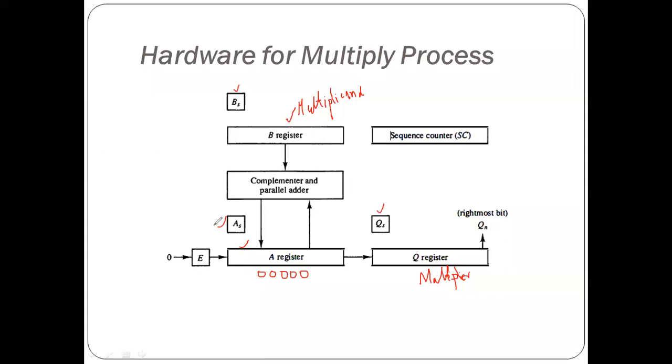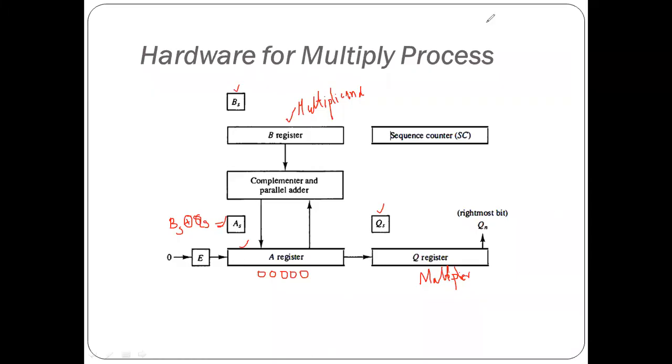Now what is the AS value? The AS value is nothing but BS XOR QS. The XOR operation between BS and QS gives the sign of your product, which is AS.